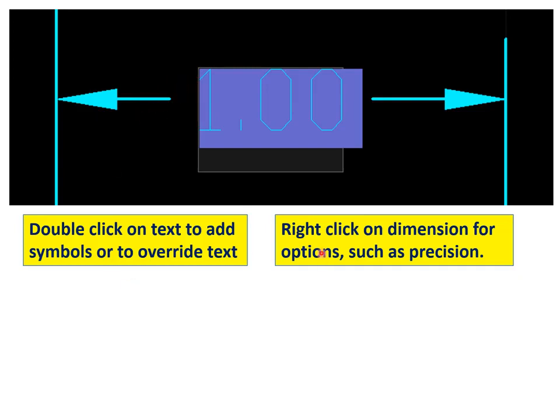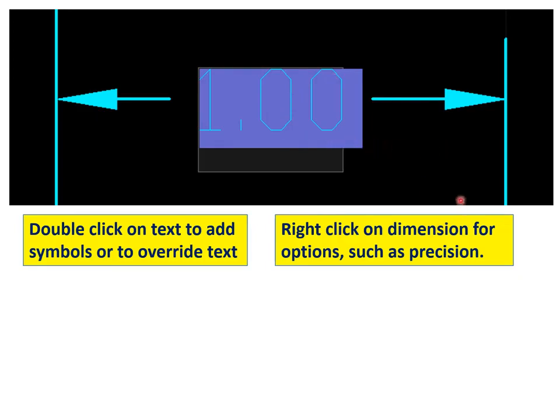Also, maybe you want to change decimal places. If you're doing a drawing using inch units, typically you go with 2 decimal places, but if you want accuracy and precision on a circular hole, then you may go with 3 or 4 decimal places.